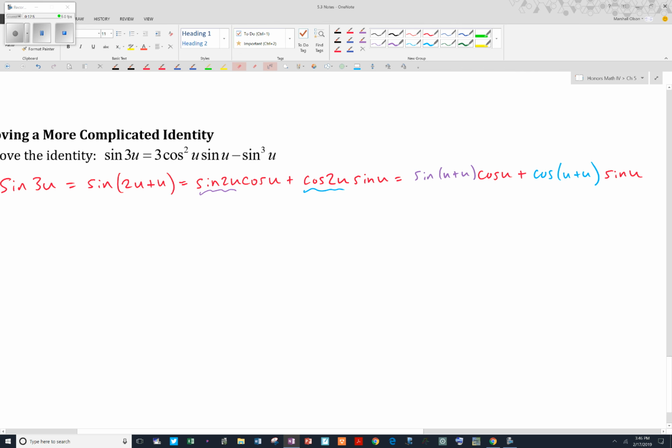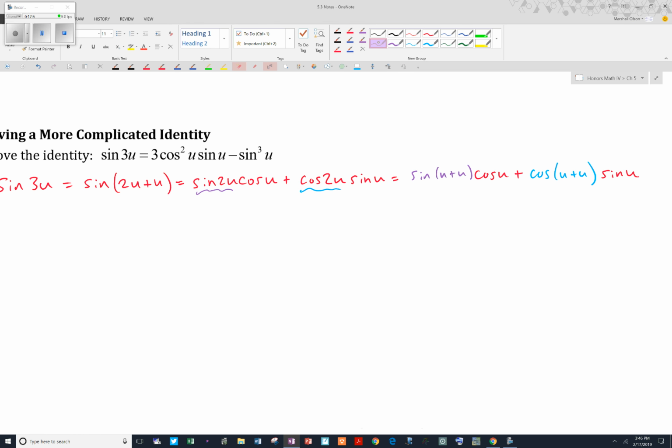So now we have to expand each of those out. The sine of u plus u is going to become the sine of u, cosine of u, plus cosine of u, sine of u, which are really the same two products. Doesn't matter what order you write that in.